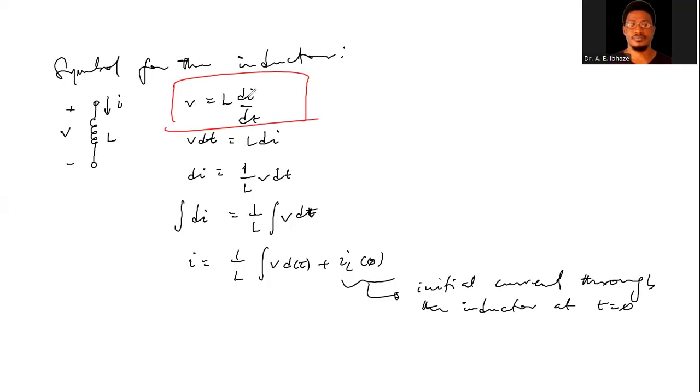So this also derives the conclusion that an instantaneous change in current would create a single, humongous voltage across the inductor. So instantaneous changes in current are not allowed.